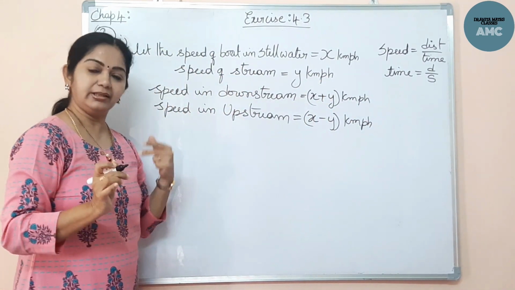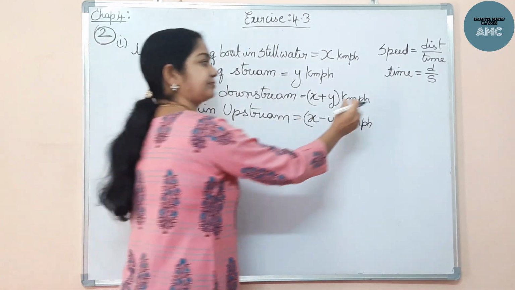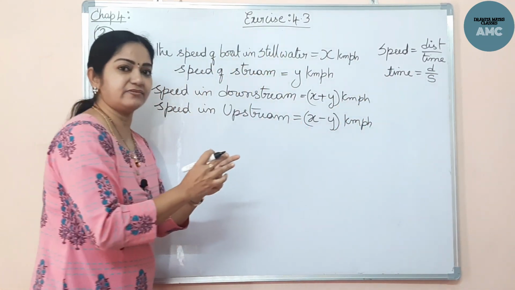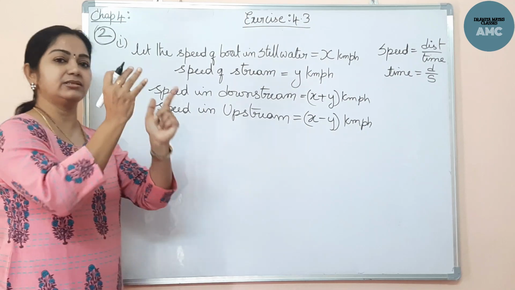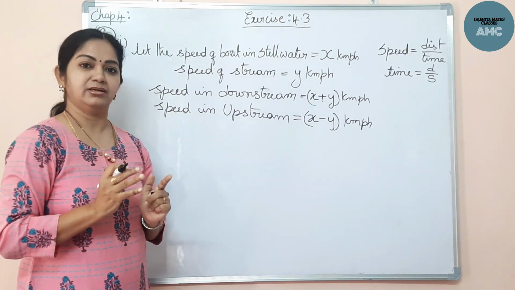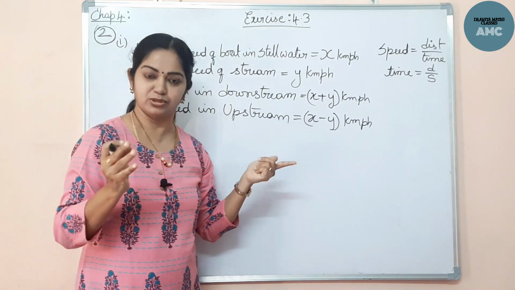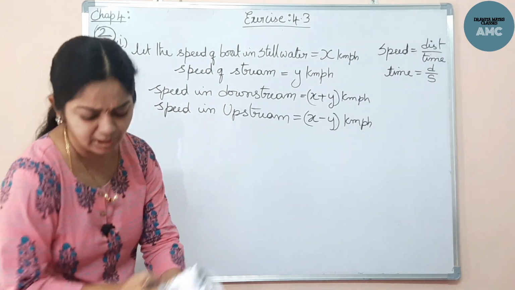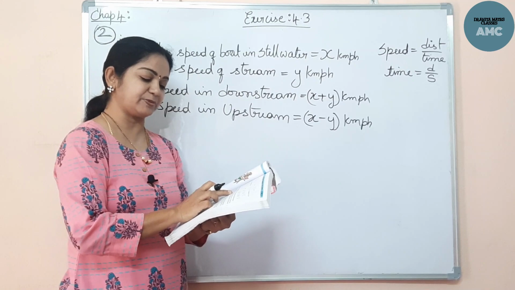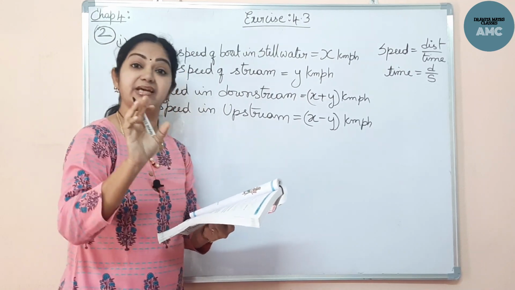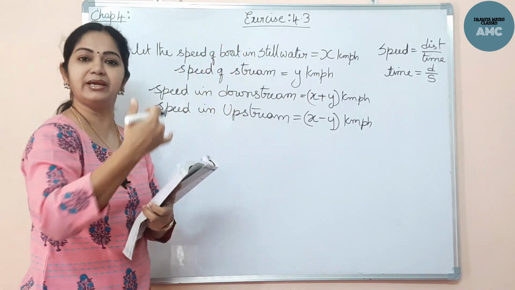Now here in the problem, given the time, that means in 10 hours the boat and the stream are covering these many distances. Time is given as 10 hours and also 13 hours. In the textbook here, the boat goes 30 kilometers upstream and 44 kilometers downstream in 10 hours. So what is time? Distance by speed.